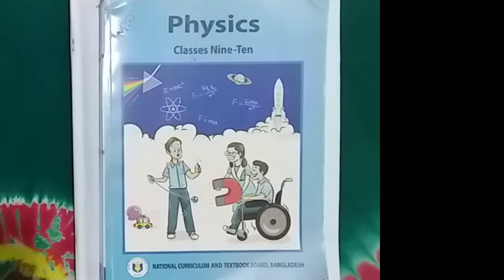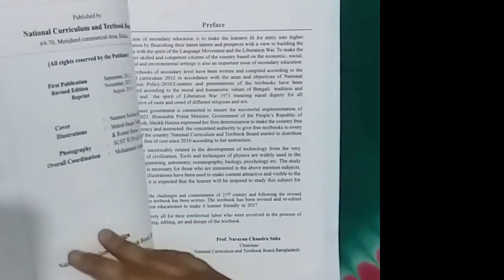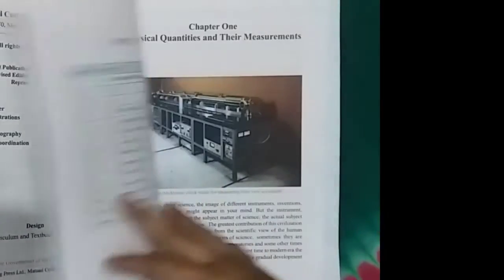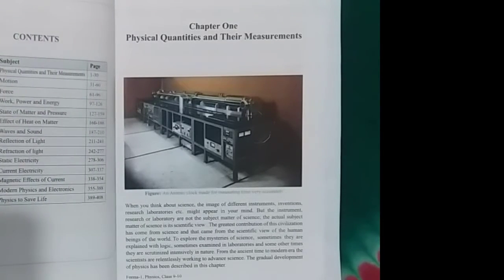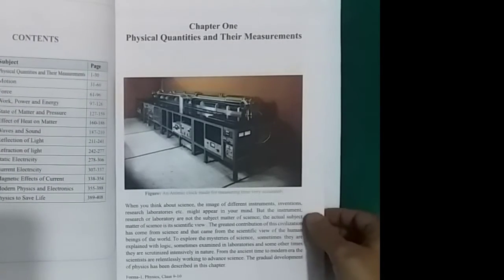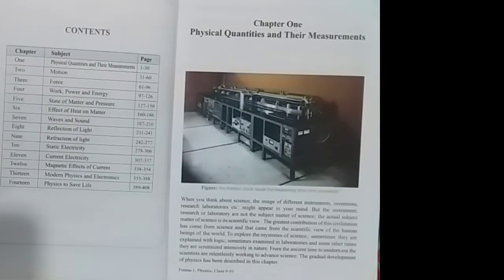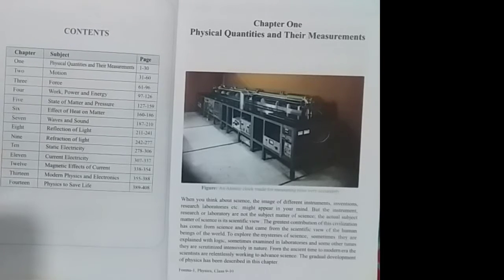Here is your textbook, and for classes 9 and 10 the same book covers your total syllabus. In your total syllabus you have 14 chapters, as you know. According to your class 9 syllabus, you have finished chapters 1 to 10.